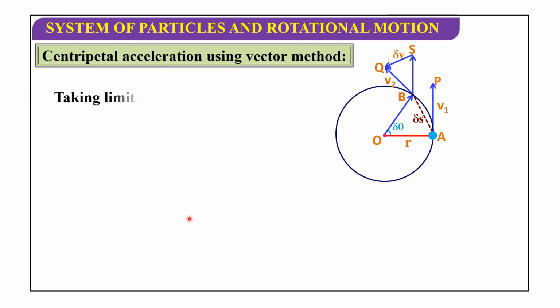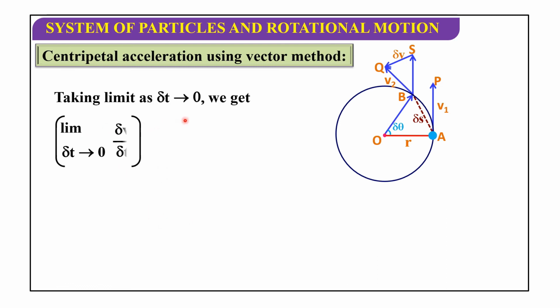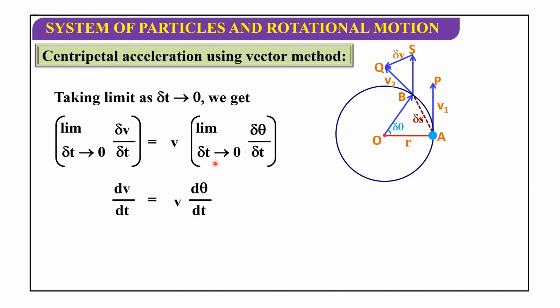Now taking the limit as delta t tends to 0, we get limit delta t tends to 0 of delta V by delta t, equal to v times limit delta t tends to 0 of delta theta by delta t. So this can be written as dV by dt is equal to v d theta by dt. dV by dt is nothing but A, that is acceleration. So A is equal to v omega, as d theta by dt is nothing but omega.